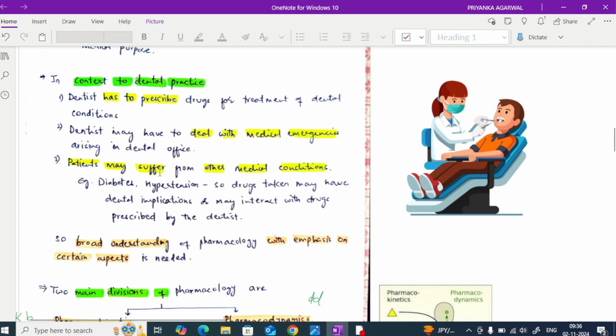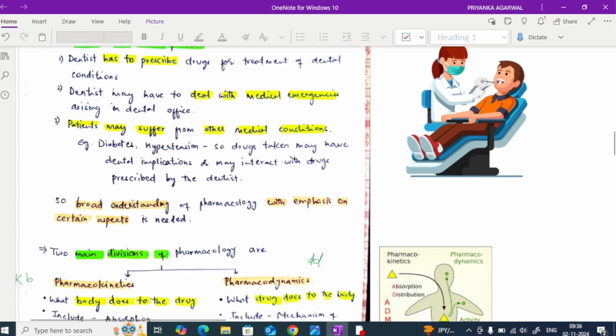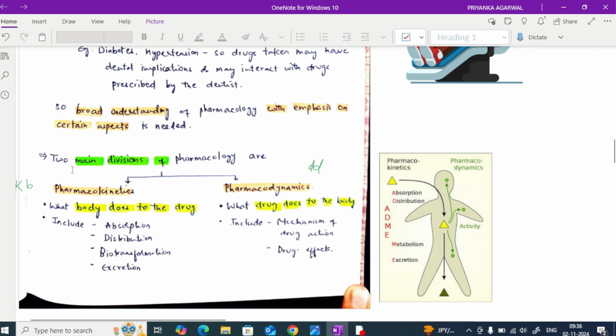Moving on, what are the two main divisions of pharmacology? They are pharmacokinetics and pharmacodynamics. Pharmacokinetics is the kinetics of the drug, that means the movement of the drug into and through the body and coming out of the body.